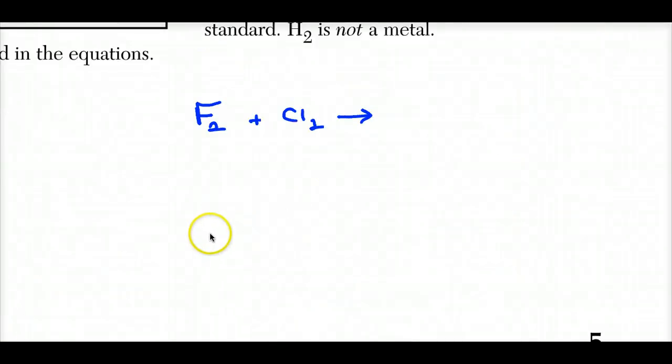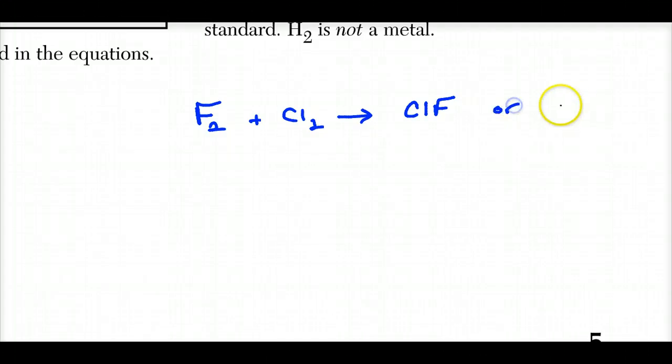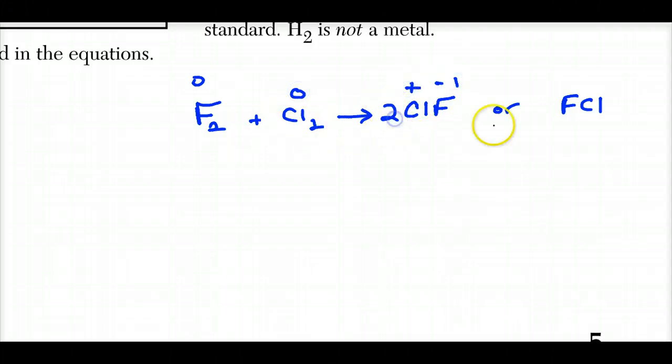I guess the best way to explain this, if I have F2 and Cl2, what are they going to make? Well, do I make ClF or do I make FCl? This is a 0, this is a 0, this would be a -1, this would be a +1. This, of course, would have to have a 2 in front. This would be a +1, this would be a -1. Who got reduced and who got oxidized?